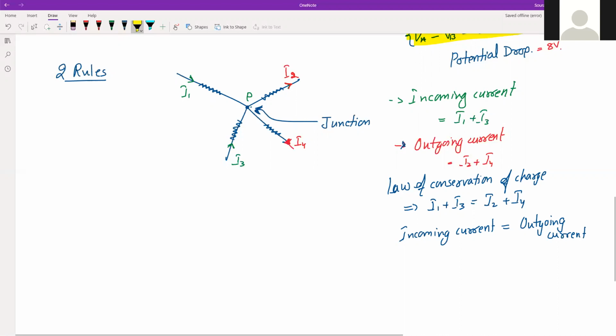That is the first law or first rule. This rule is called Kirchhoff's junction rule.